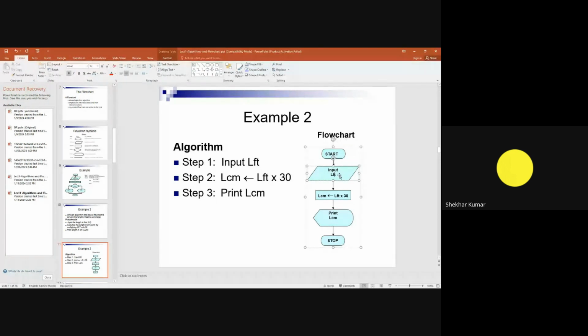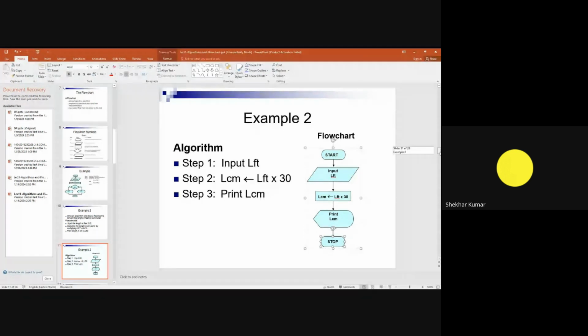Then we input the value. Then in the rectangle, I have processed that value. Then I have the output. This is the output part. And at last, it is terminated. This is done. This completes the algorithm, flowchart, and pseudocode.